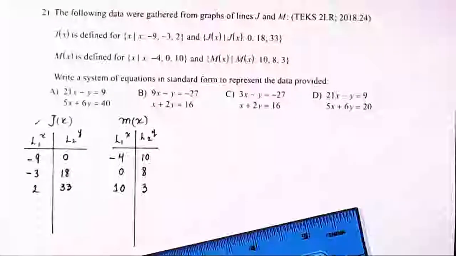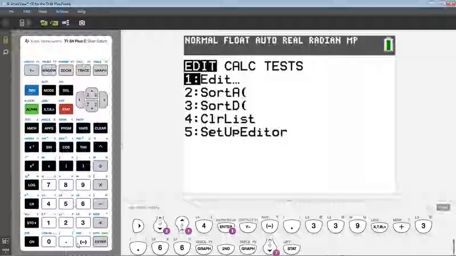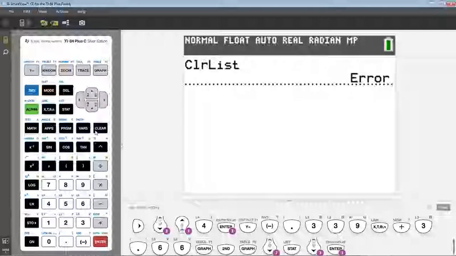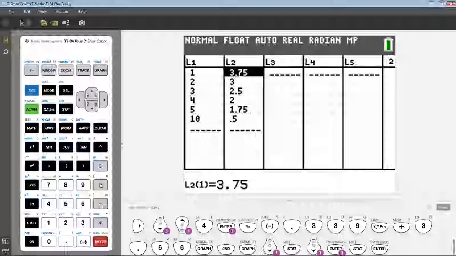So we will flash back to our calculator now, and I will show you how to clear the stat table. Okay, so click stat and then enter. Maybe you can click clear list. I've never really tried this before. It didn't work. Okay, forget it. Go to stat and then click on edit.